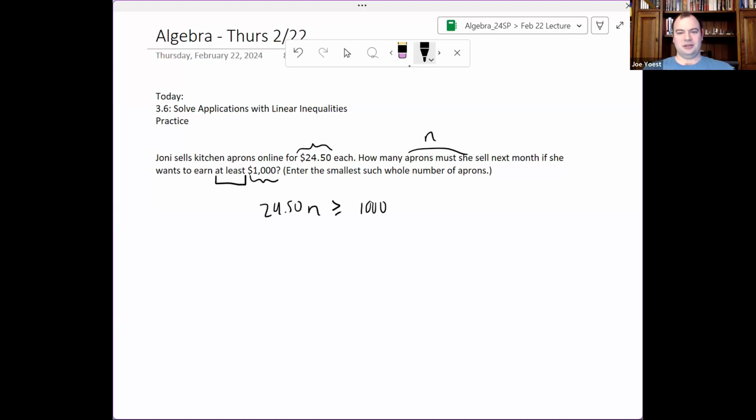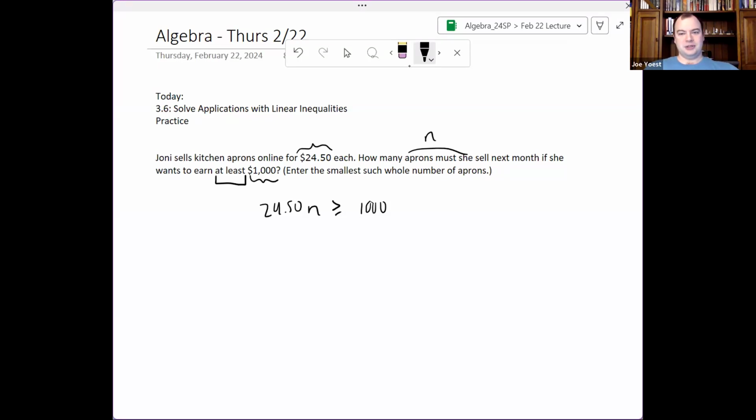Again, we just have to be a little more careful with the vocabulary and check these edge cases, and just ask yourself, based on the phrasing of the problem, does a strict equality actually satisfy the statement? So if she earns exactly $1,000, did she earn at least $1,000? Yes.